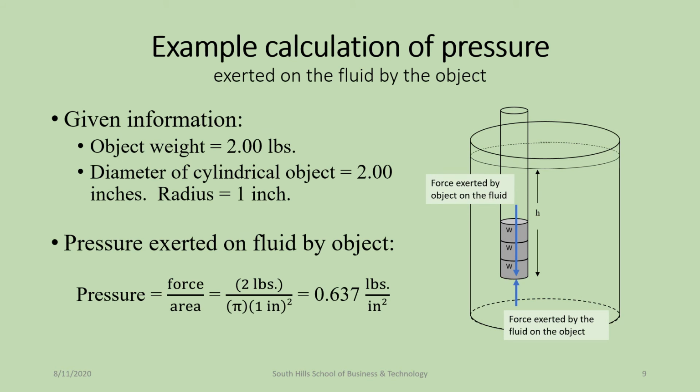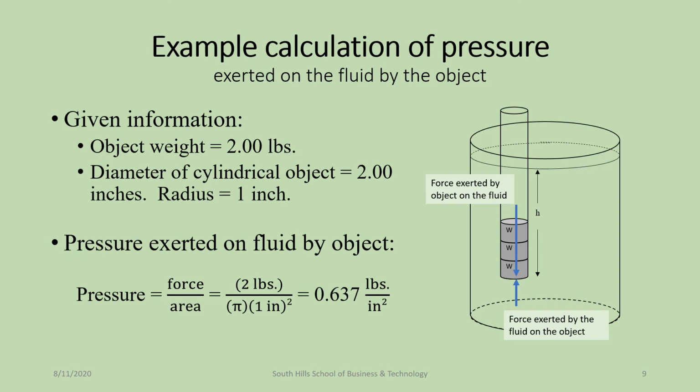Now let's do an example calculation of the pressure exerted by the object on the fluid. I have not tried to make this example calculation correspond to the calculation we did a few slides ago. This is just another example with different given information.